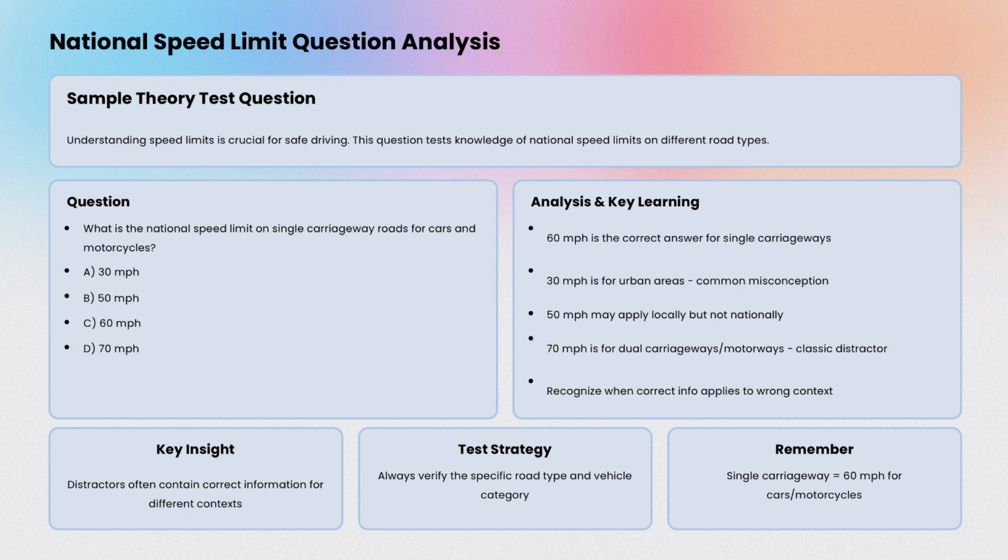This is the national speed limit for dual carriageways and motorways, not single carriageways. Notice how D, 70 miles per hour, is a distractor. It is correct information, but for a different road type. Recognizing this helps to avoid the trap of distractors.